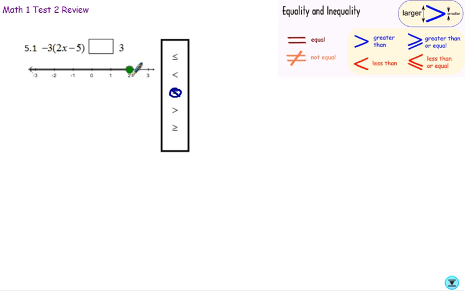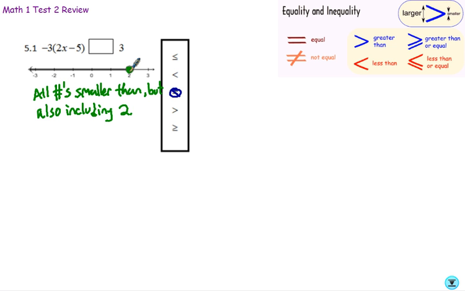So what this says is that I'm looking for all numbers smaller than 2, but also including 2. Also including 2, right?